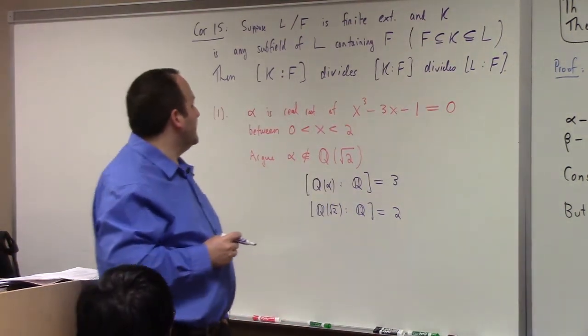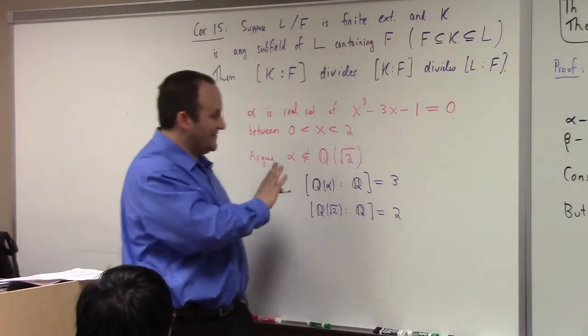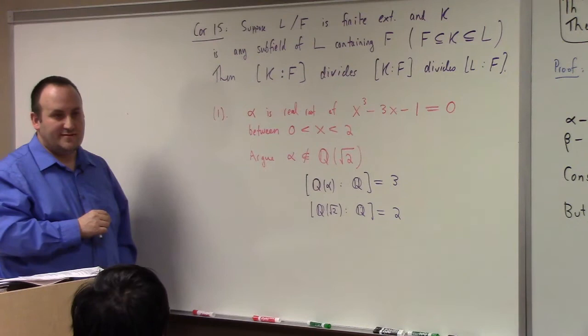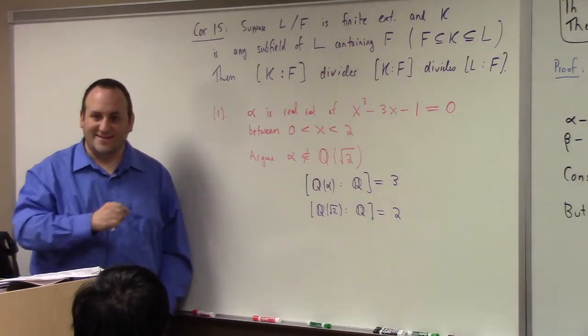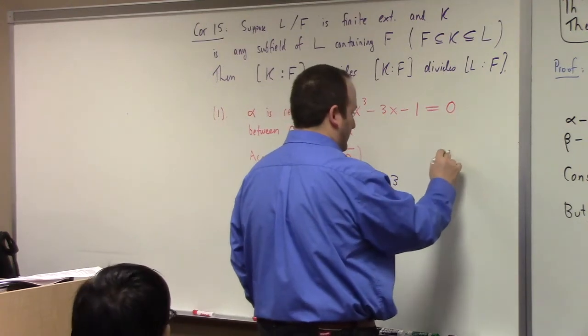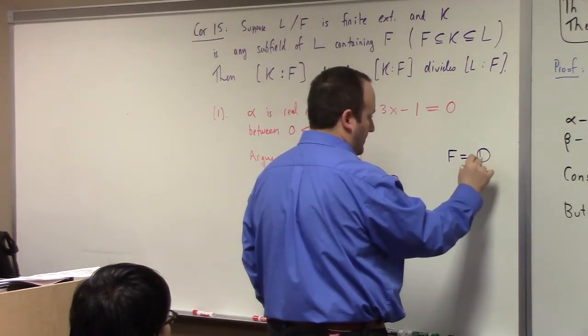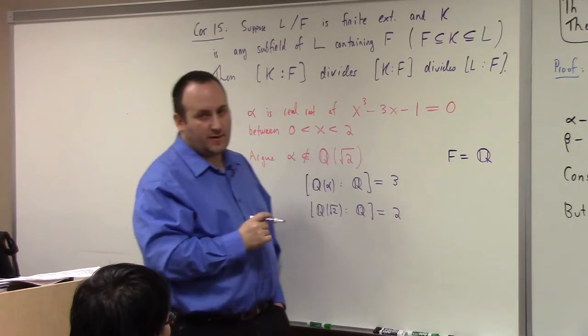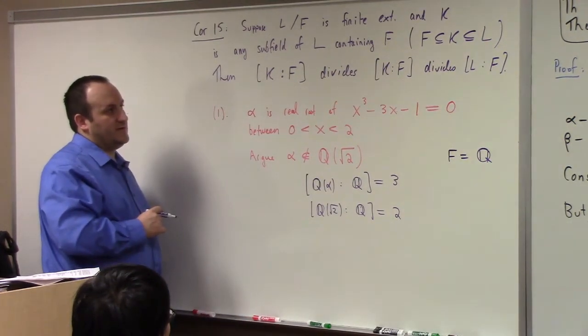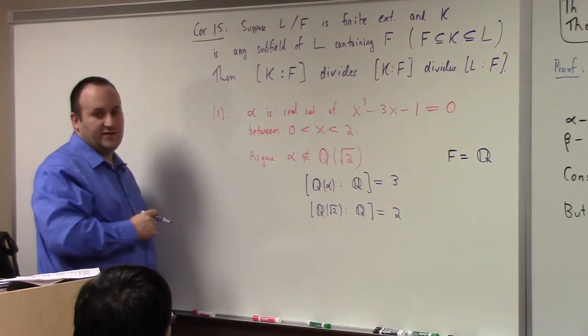All right, keep me honest, guys, here. How am I using corollary 15 precisely? Which is the K, which is the L, which is the F? F is Q. I got that. Pretty sure about that. What's the largest extension here is Q adjoin alpha, right?